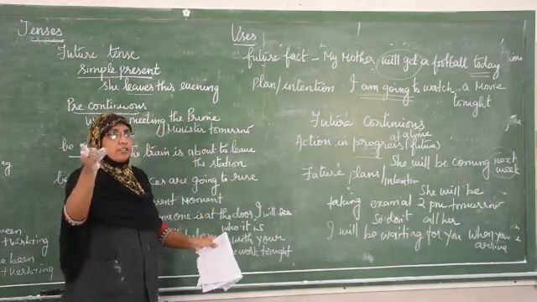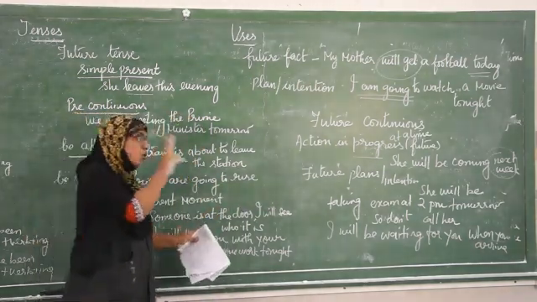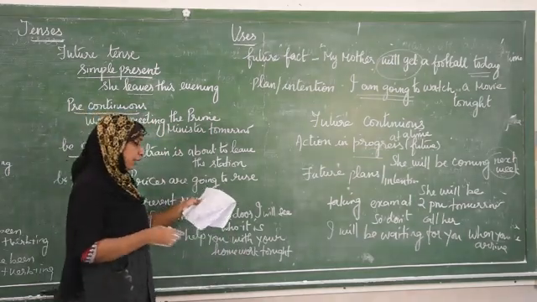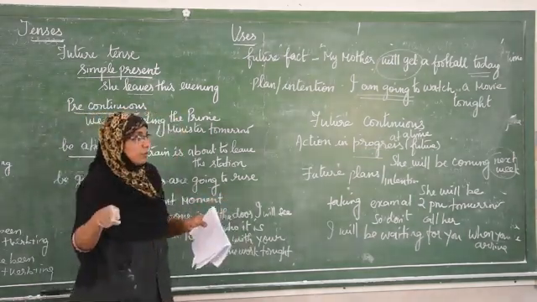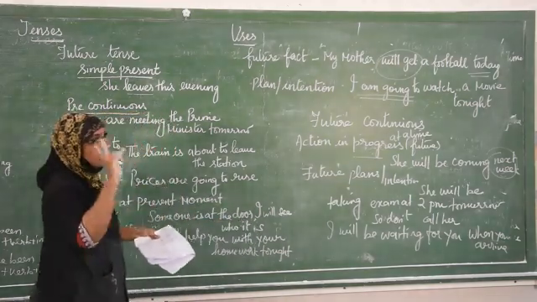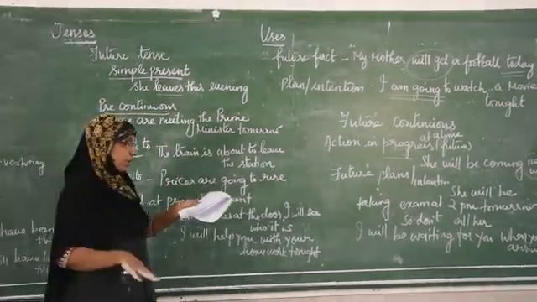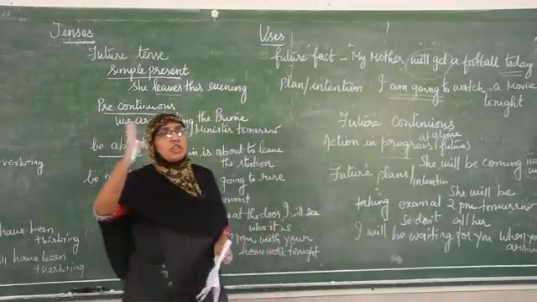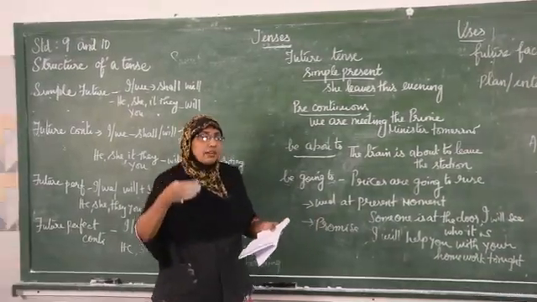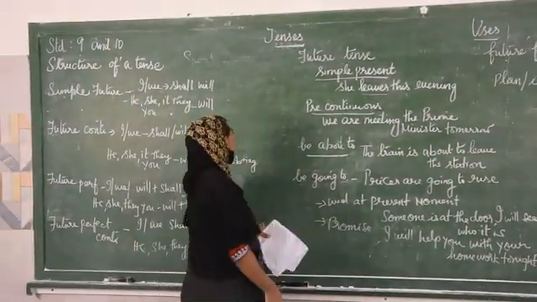Next, parallel actions. Parallel actions means what? Two actions going on at the same time in the future. For example, she will be watching TV, I will be reading my lessons. So two parallel actions. Another one is atmosphere in the future. When I enter the class, see, when I enter the class means what?